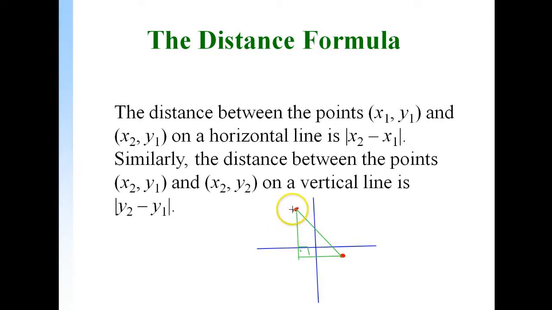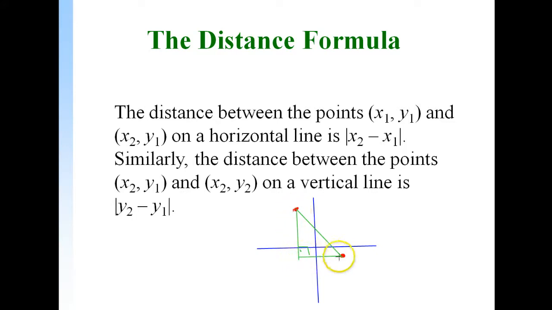So if we have the coordinates of this point and the coordinates of this point, and we put them into this distance formula, there's my first point, there's my second point, we can actually figure out what these sides are.